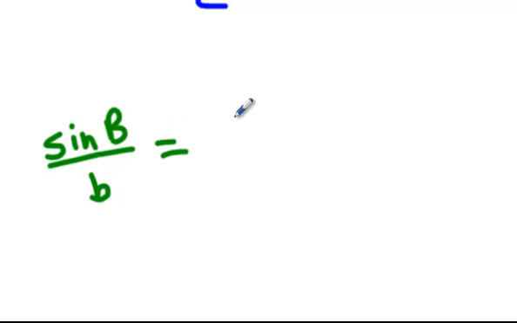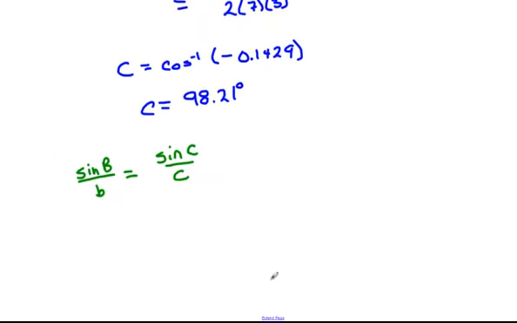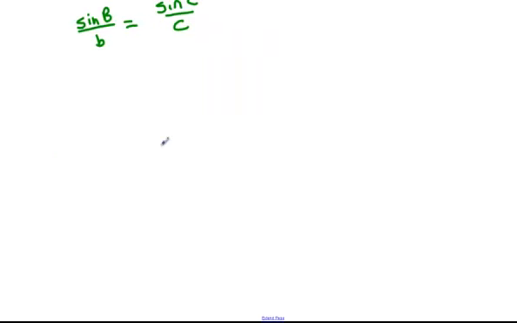So if we write sine of B, the angle, over B, the side, right? That's then going to equal sine, and I just found the angle for C, over side C. So we don't know what that angle is, but we know the length of that side.